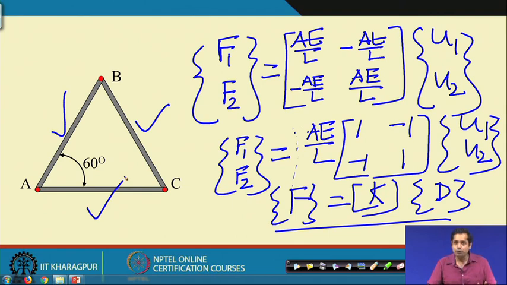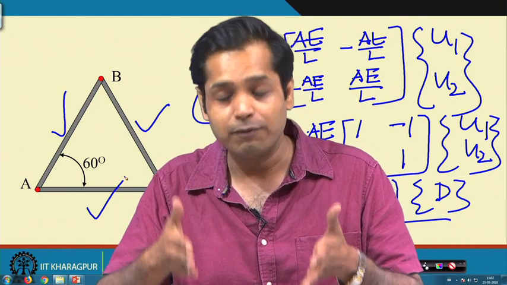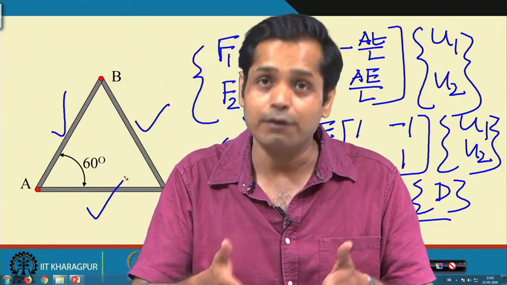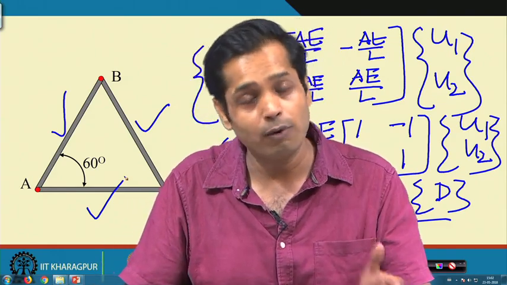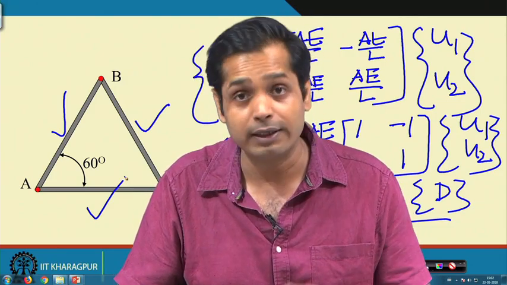The idea is writing these equations for all the members and then assembling and solving them, which we will do in detail in the subsequent weeks. But the objective of this lecture is to tell you this is the way we can write the force displacement relation for a given member, and you can do similar things for beam or frame structural components as well.